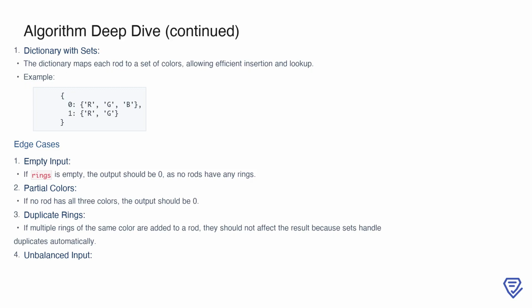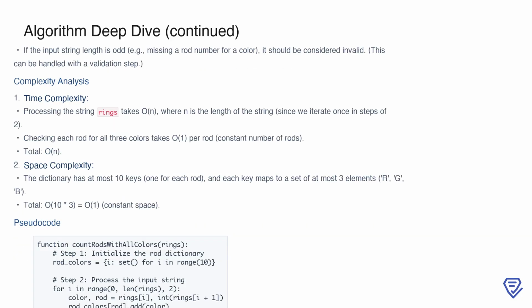When a rod lacks all 3 colors, the result remains 0. Similarly, duplicate rings of the same color do not impact the outcome because sets automatically handle duplicates. Additionally, if the string length is odd, indicating an unbalanced input, it can be flagged as invalid during pre-processing to ensure robust handling.